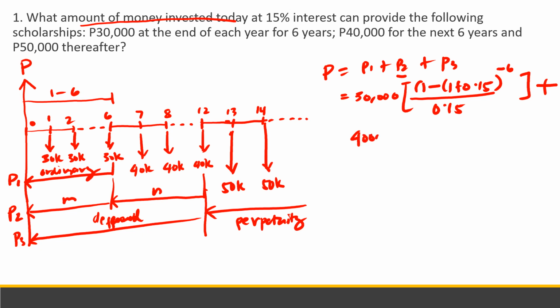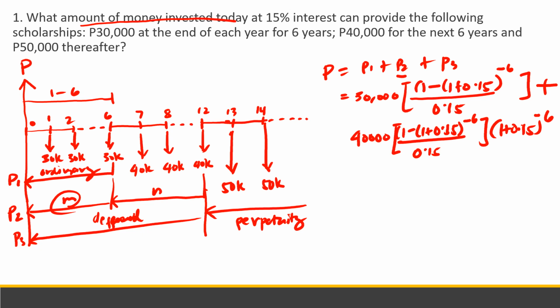So 40,000 multiplied by 1 minus (1 plus 0.15) to the negative 6 over 0.15, times (1 plus 0.15) to the power of negative 6, plus yung perpetuity natin, which is A over i. So this is 50,000 over i, which is 15%.